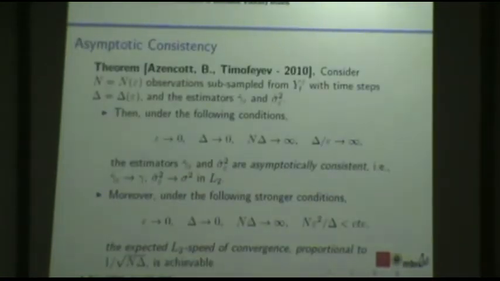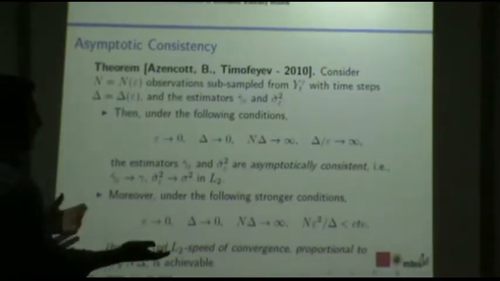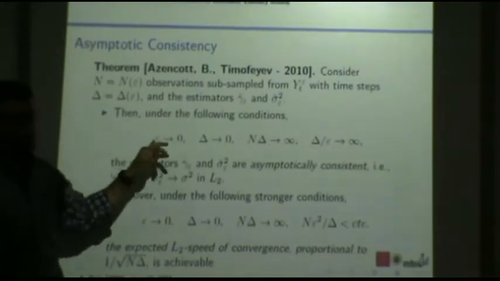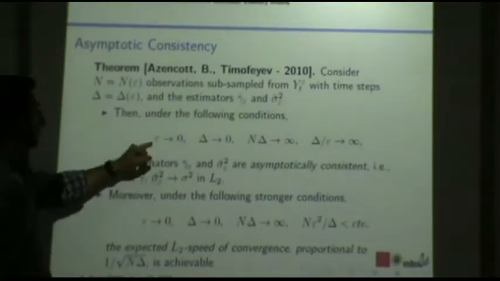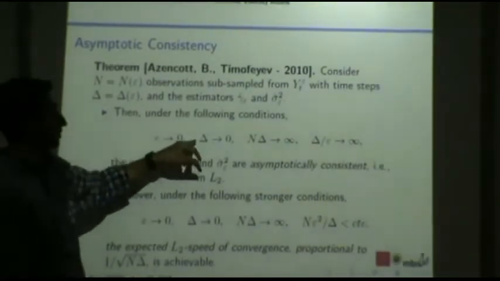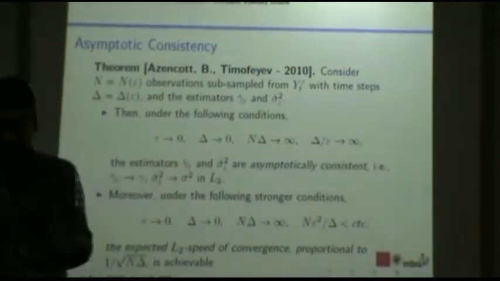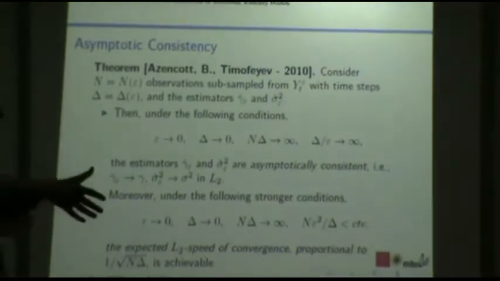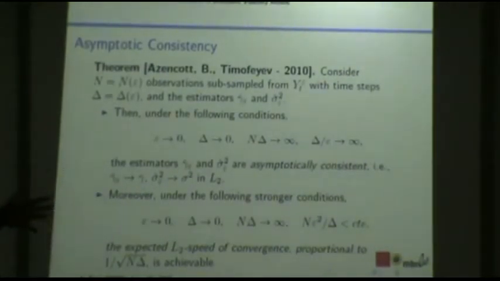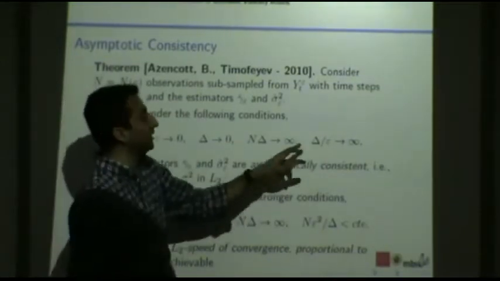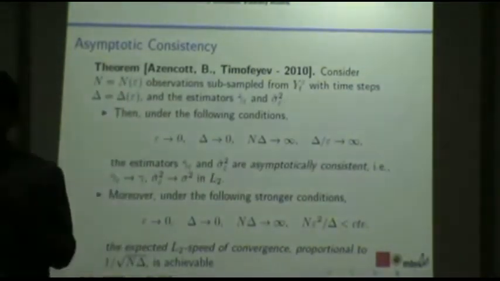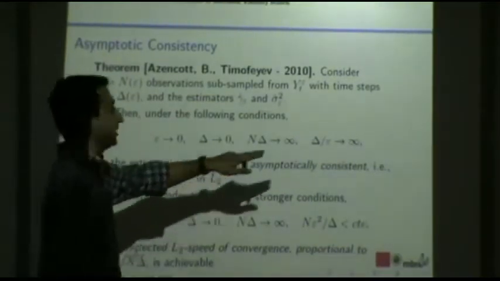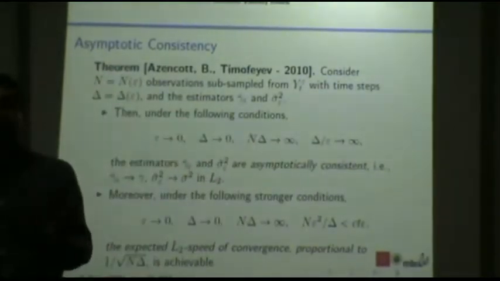But in this case, we extended that to the case of indirect observability, where we show that under the following subsampling conditions, as epsilon goes to 0, delta goes to 0, and my observation time n delta goes to infinity. I'm observing the process on a longer and longer time interval. And additionally, delta over epsilon converging to infinity. This is the key condition here, which captures the bias due to the indirect observability.